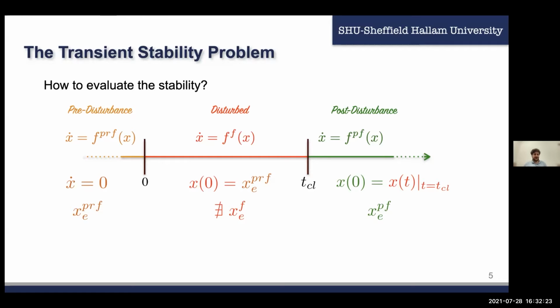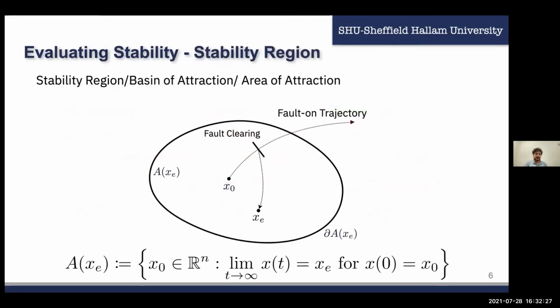But how can we evaluate the stability here? It's very hard. So what do we do? We use an idea from dynamical systems called the stability region. Sometimes it's called the basin of attraction or area of attraction, depending on the algorithm or the subject that you are studying.